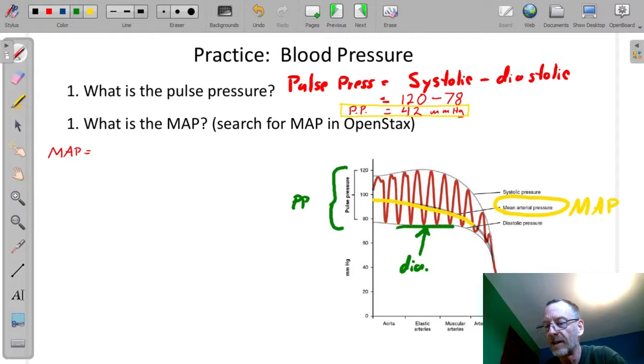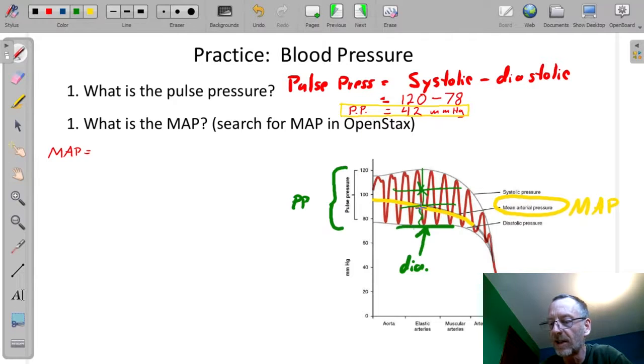So a formula that makes sense is let's just take the diastolic and then we'll add this amount to it. And that's approximately 1/3 of the pulse pressure if you just divided the pulse pressure into thirds.